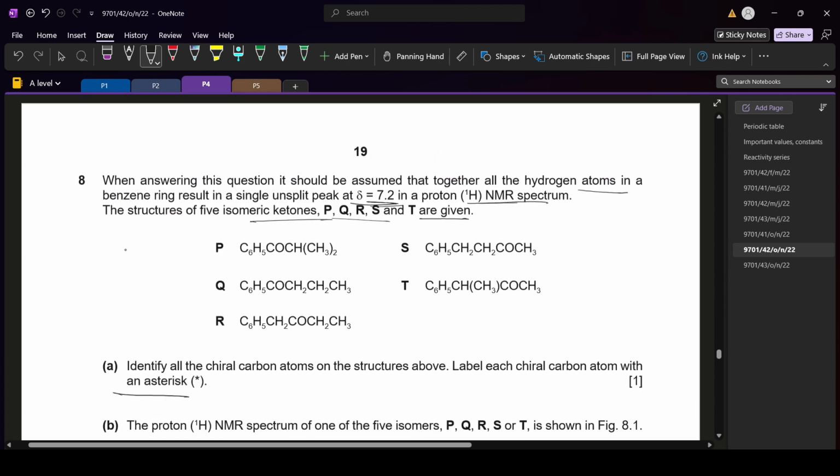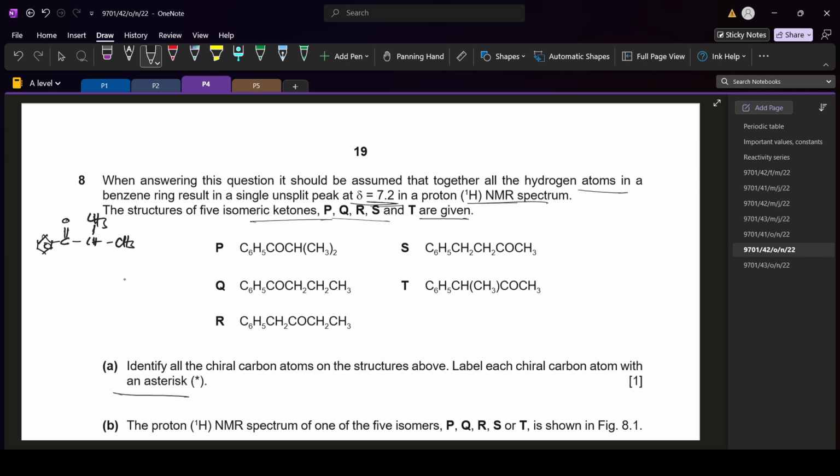Okay, so let's first draw their displayed formulae. Let's make this correctly. This is the structure of P, with CH and CH3.